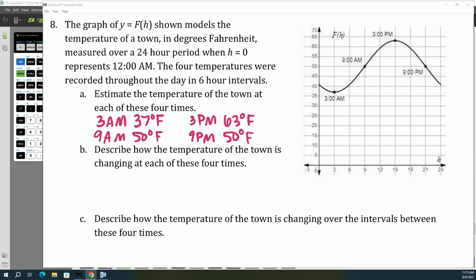Now, each one of these times are special times. They're peaks or troughs, or they're points of inflection. And so B wants us to describe how the temperature of the town is changing at these 4 times.